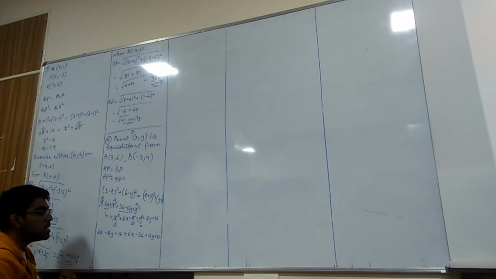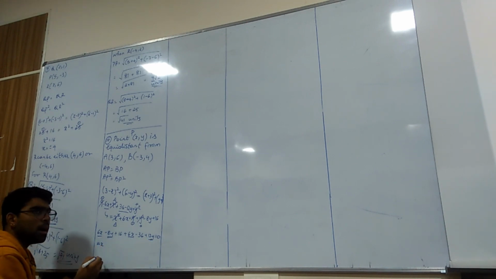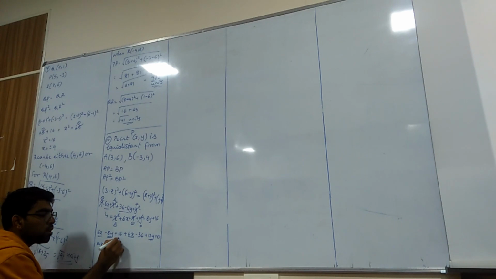Add the like terms: 6 plus 6, 12x, minus 8y plus 12y is how much? Plus 4y. Minus 16, sorry, plus 16 minus 36 is how much? 20. Minus 20 equals 0.